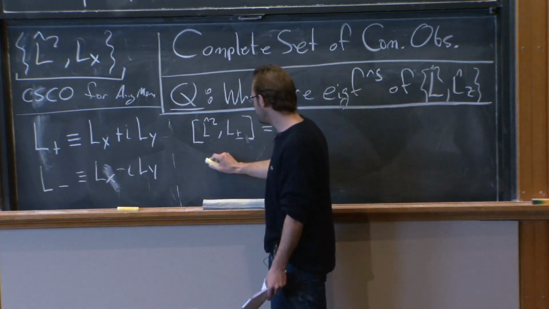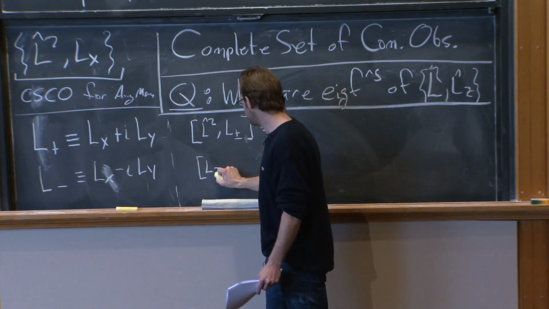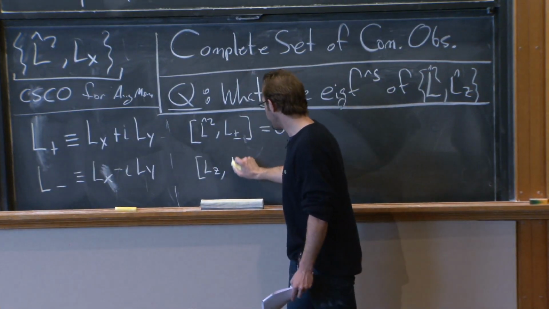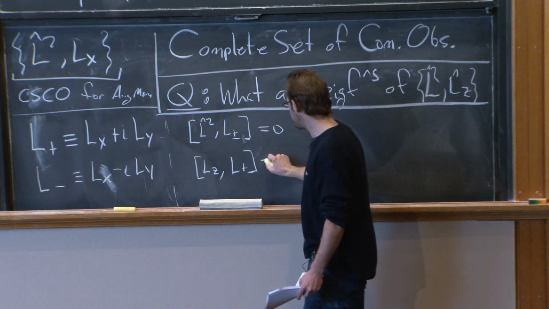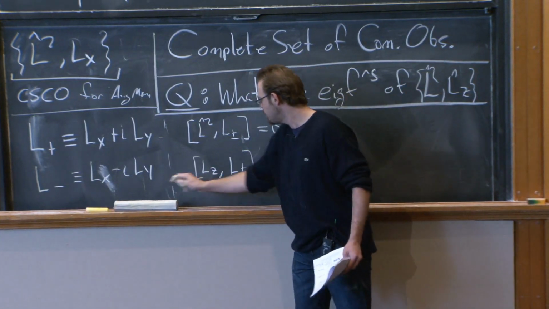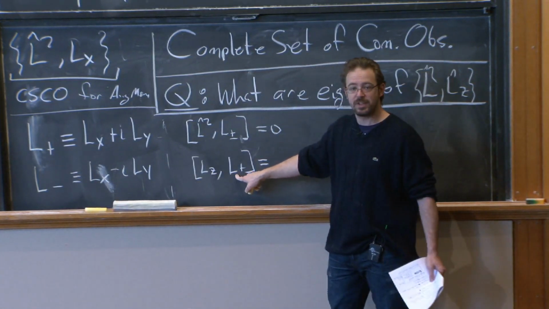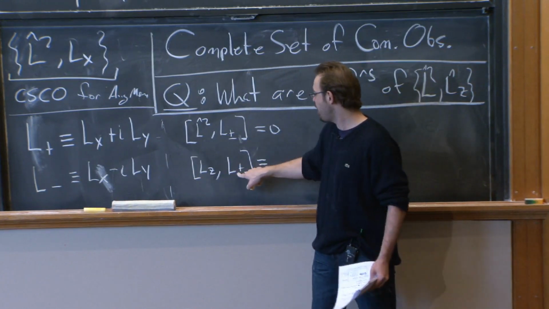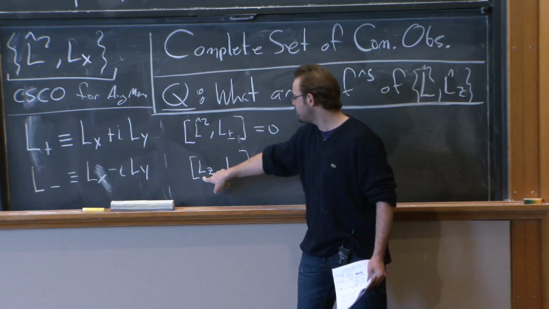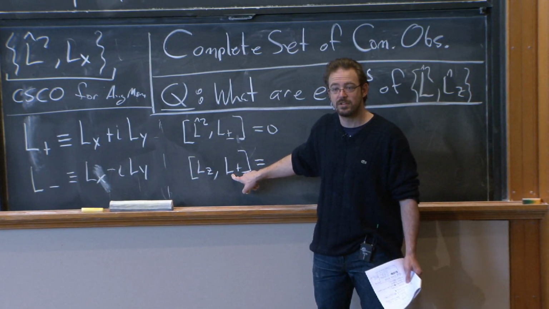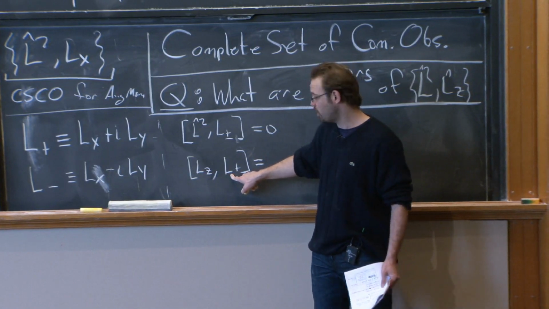But here's the real beauty of it. Lz with L plus is equal to, well, let's just do dimensional analysis. L plus is Lx plus i Ly. We know that Lz with Lx is something like Ly, and Lz with Ly is something like Lx, with factors of i's and h bars.